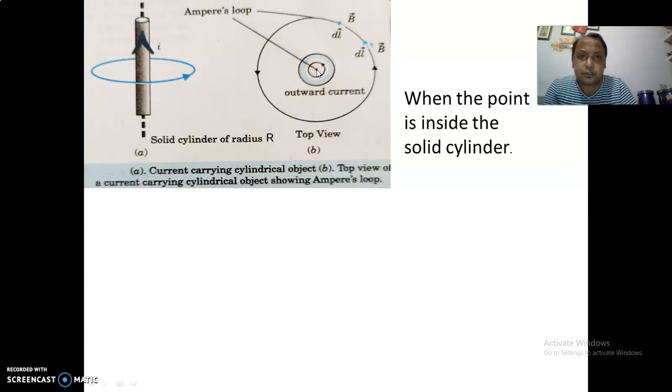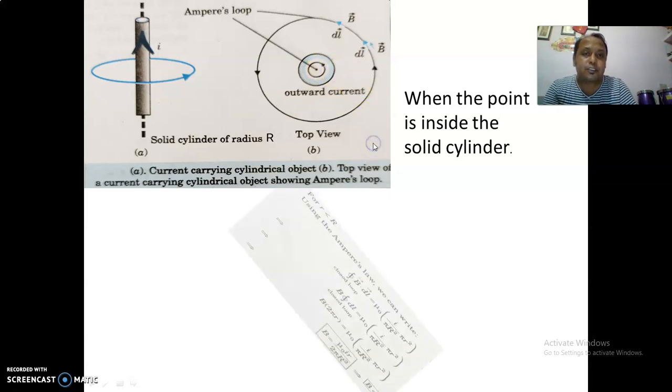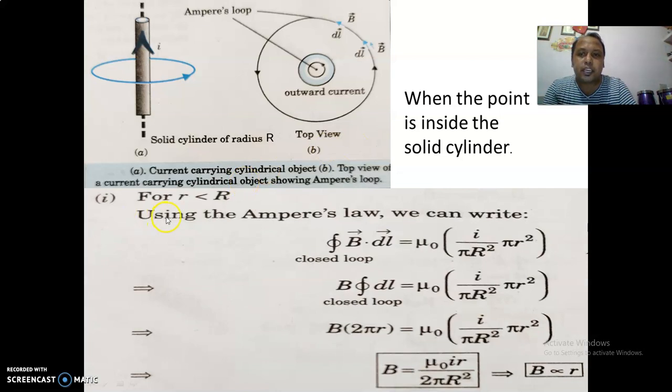The radius is from this point to this point. This is the radius of the cylinder, which is given by capital R, whereas the radius of the Amperian loop will be given by small r, which is less than capital R. So that is the point which you need to understand. Here the condition which we are taking is that the radius of the Amperian loop, small r, is less than the radius of the cylinder, capital R.